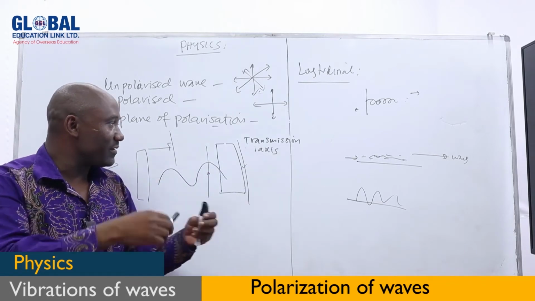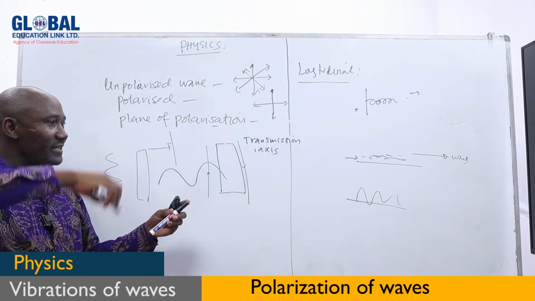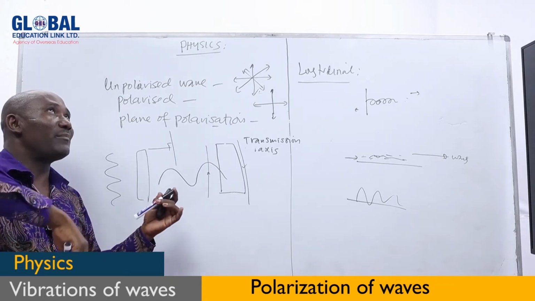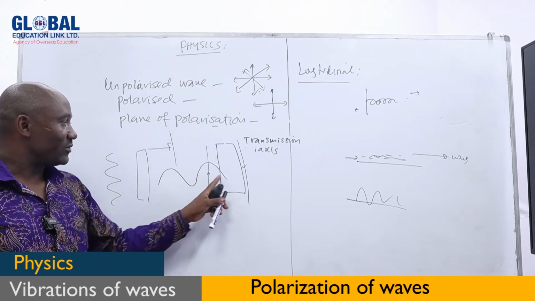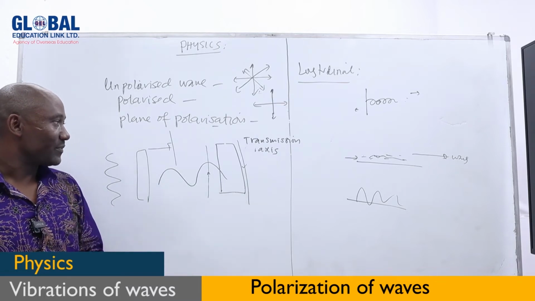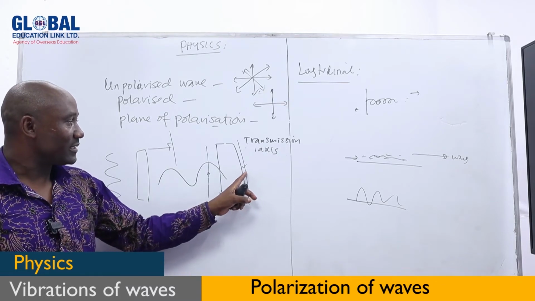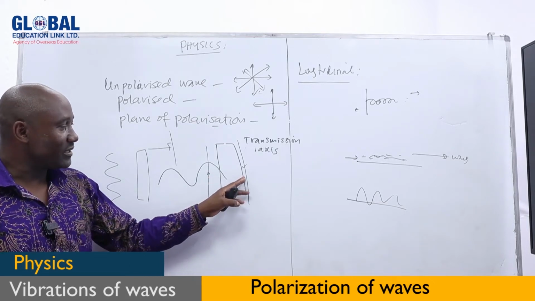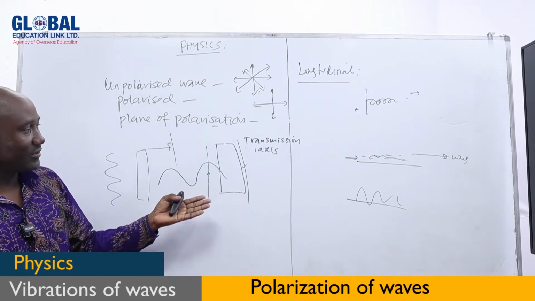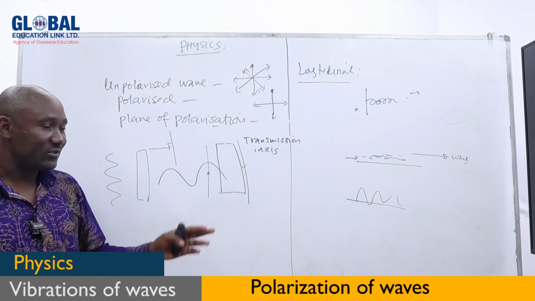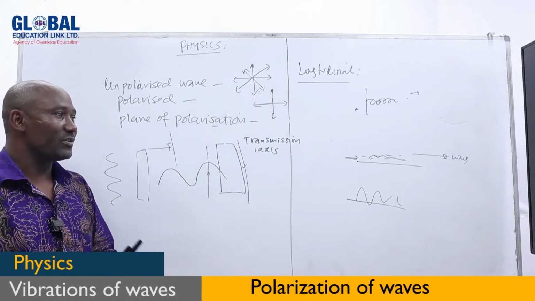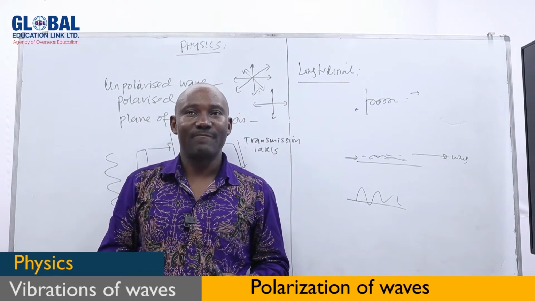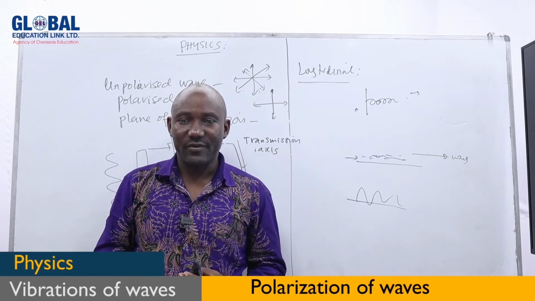So if you bring a wave whose vibration is vertical, if you draw the line, they are making a vertical axis, so the two axes are parallel. So the principle is that waves whose vibration is vertical will be able to pass. If you bring in a wave whose vibration is horizontal, it will not be allowed. As you have seen, it will be blocked. So we are comfortable now to define the term polarization.